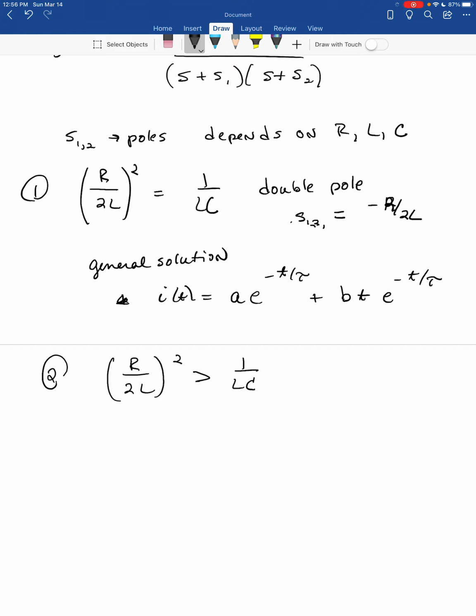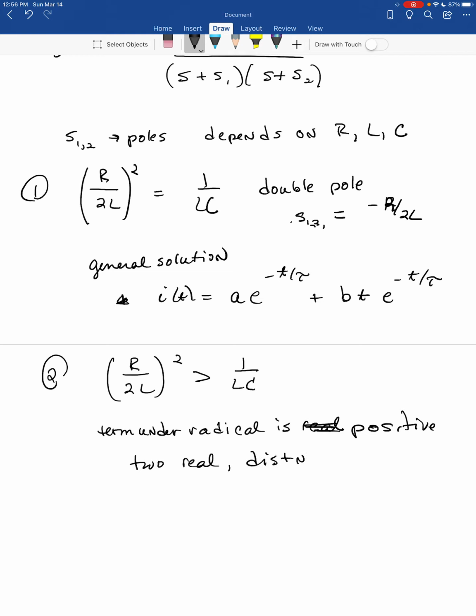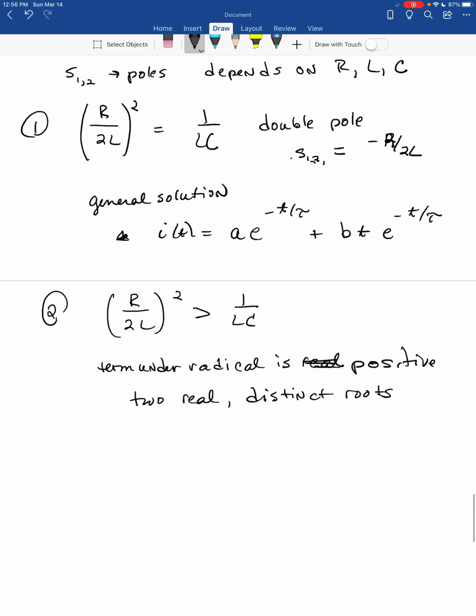Okay, in that case, the term under the radical is positive, giving us two real distinct roots, which would give us s1 is equal to some alpha and s2 is equal to some beta.